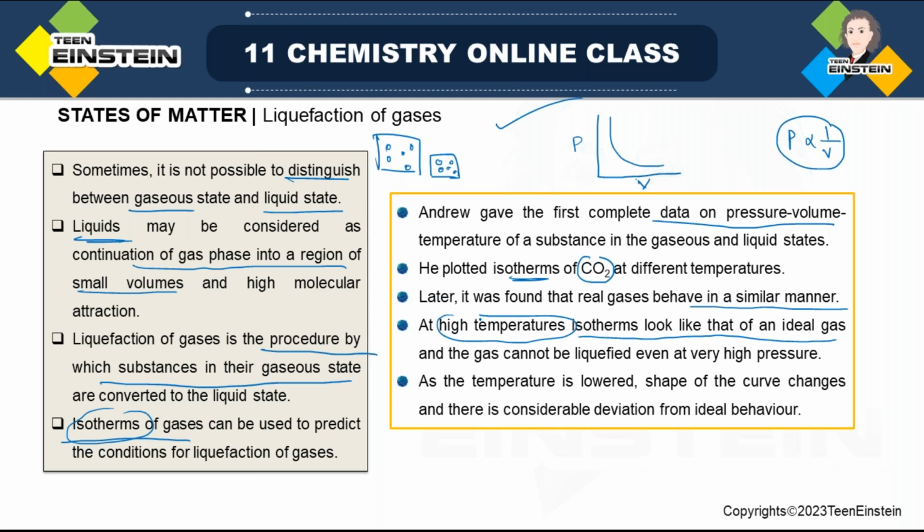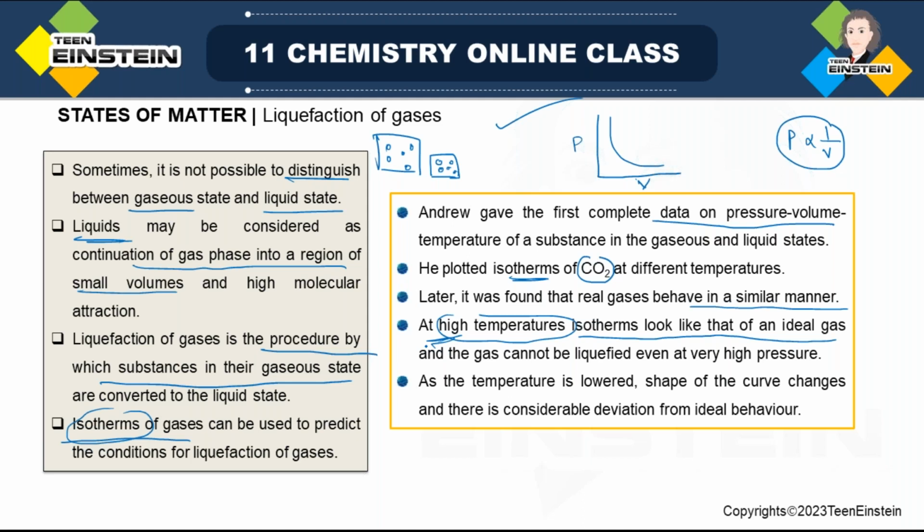Fine. And we know this fact, that I have told several times in previous classes, that real gases do not behave like ideal gases. There is so much deviation, but they can behave closely to ideal gases when the temperature is high and pressure is low. So here you can see one of these conditions is met, which is high temperature.